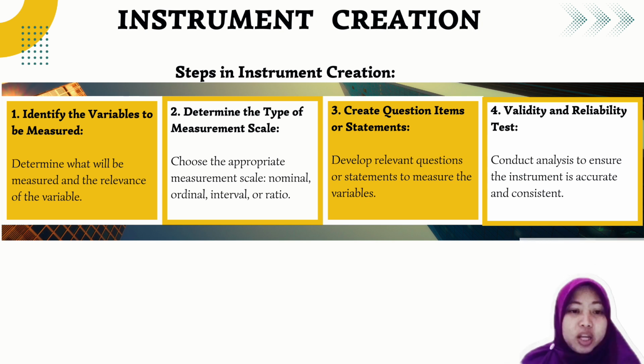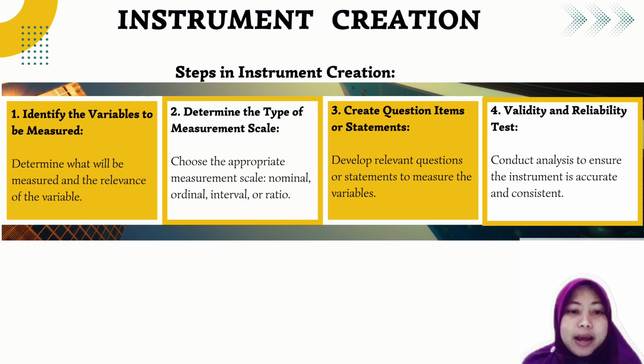At this stage, we need to be careful to make sure that the questions we create are clear and unambiguous. For example, if we are asking about the frequency of fatigue, we need to clearly define what is meant by often or rarely to ensure that respondents provide accurate answers.